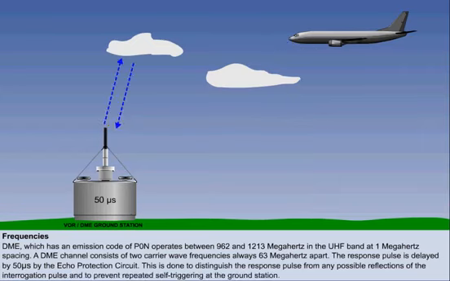Secondly, if no change of frequency were made, the transponder itself could become self-triggering. This would occur whenever a response pulse from the ground station bounced off a nearby surface or cloud and returned to the transponder, simulating a further interrogation pulse.